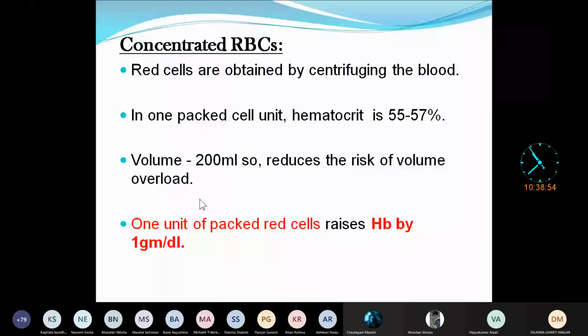At that time we will be removing around 60-70 ml of the plasma. That's why we were unnecessarily giving more and more plasma, and whenever we give the concentrated RBCs, the risk of volume overload will be reduced. This understood?